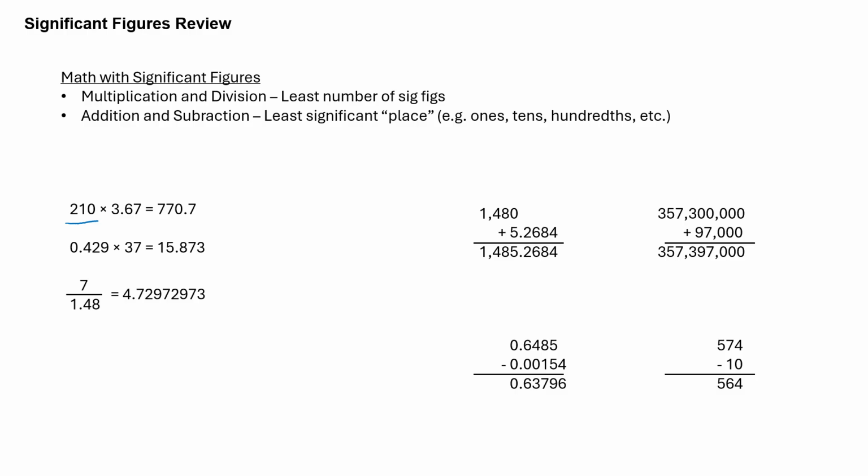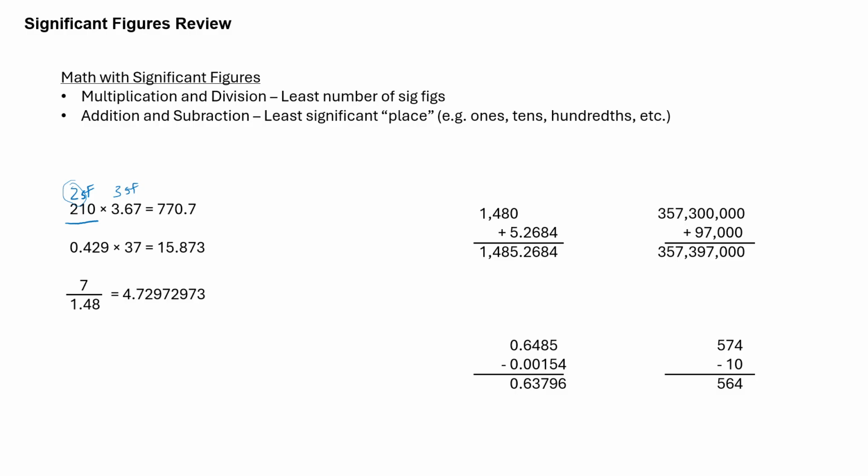I could also say decimal is absent, start at the Atlantic, move to the left, I hit the 1 and the 2, I've got 2 sig figs right there. So 2 sig figs. 3.67 has 3 sig figs. All of those are good. So if I have something with 2 sig figs and something with 3 sig figs multiplying together, my answer must be rounded to only 2 sig figs. So the least number of significant digits.